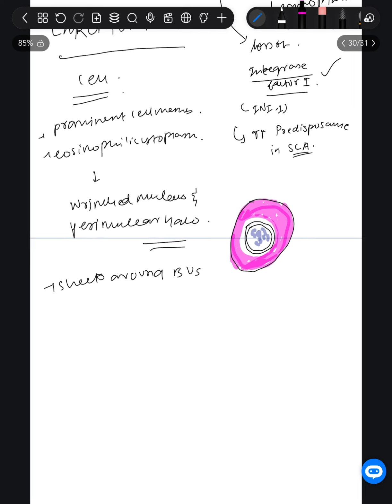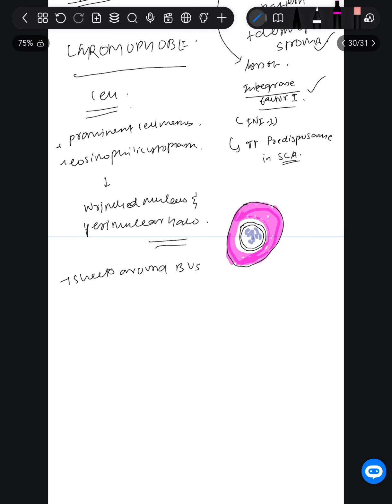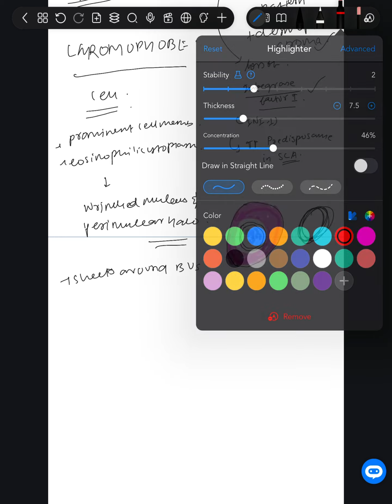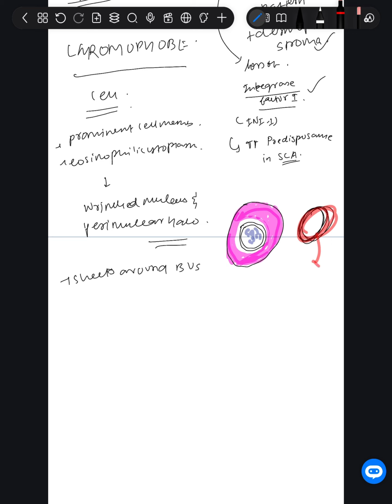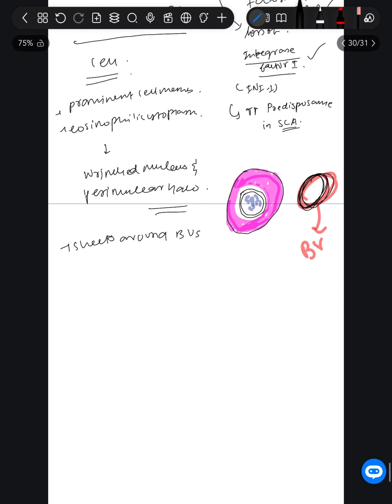We have eosinophilic cytoplasm, perinuclear halo, wrinkled nucleus, and these are arranged in sheets around blood vessels. We have the blood vessels. Remember these things about chromophobe carcinoma.